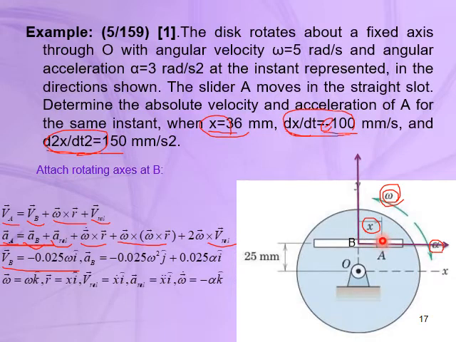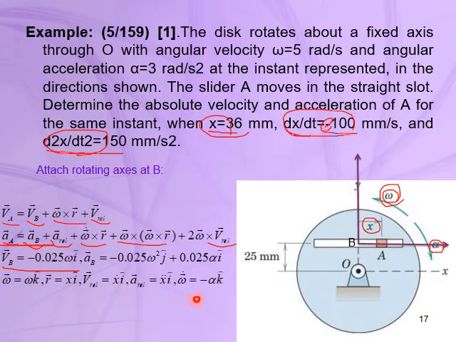This linear motion has a velocity which is minus 100 millimeter per second, and also it has an acceleration which is 150 millimeter per second squared. The position at this time is 36 millimeters, so you can easily write r, v relative and a relative.